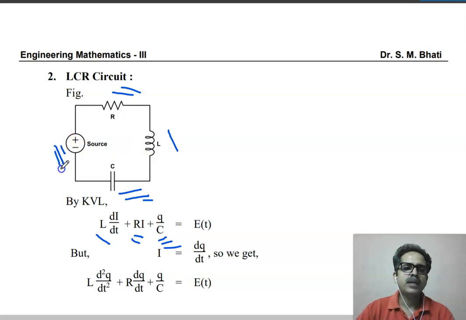EMF supplied, we can suppose we take it as a capital E of t. So in this way we have obtained the equation, but again we have three variables in the equation: I, t, and q.